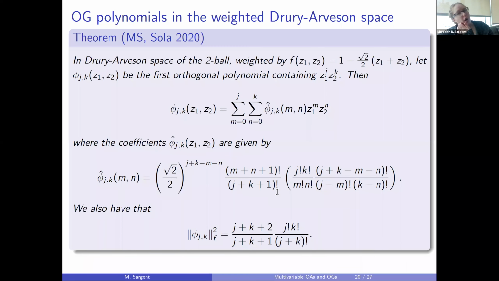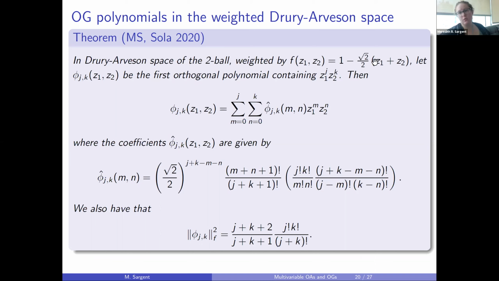So here we've got our closed form for the Drury-Arvidsson space in 2 variables. I am looking at this weight with the 1 minus root 2 over 2 Z1 plus Z2. This is to make sure there's a 0 on the boundary. And you can write out exactly which monomials will be included.